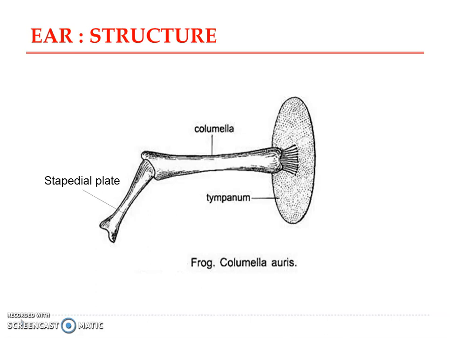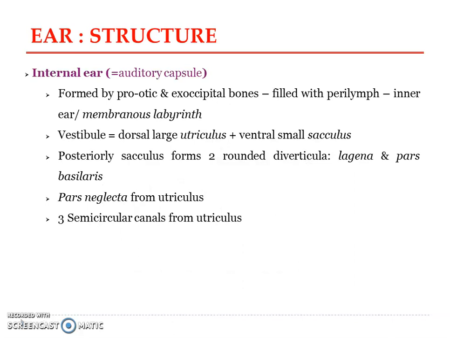The stapedial plate communicates with that. You can see that the operculum and the plectrum fuse together. It forms the operculum plectrum complex, or columella oris operculum complex. This is actually a characteristic feature of most of the amphibians. I hope it is clear.